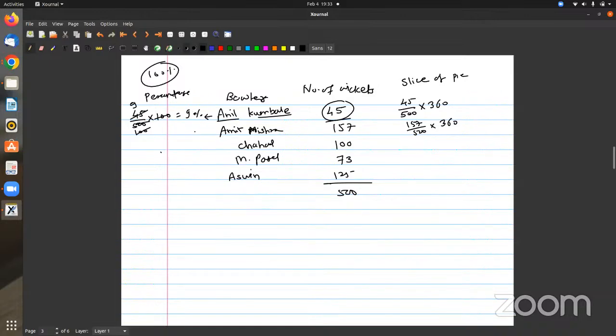Sir, it won't be equal to 45% of 500. Why? It's not 45%, right? Out of 500 wickets, Anil Kumble has taken 45 wickets. 100% belongs to 500 wickets, right?